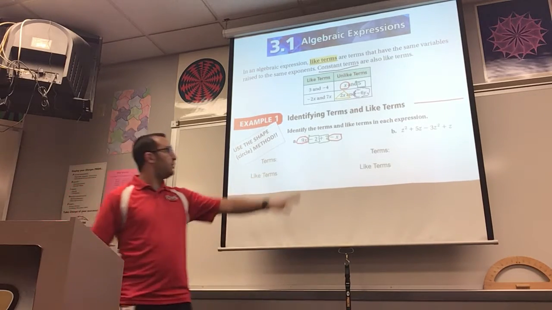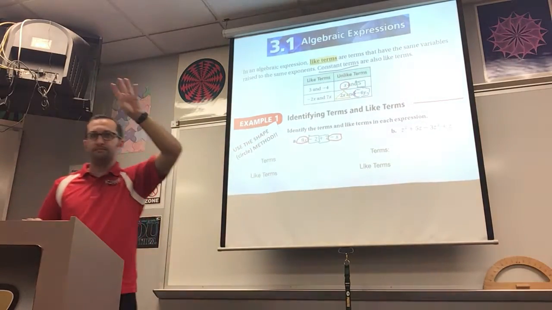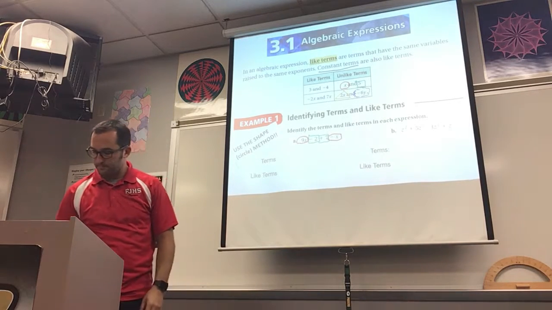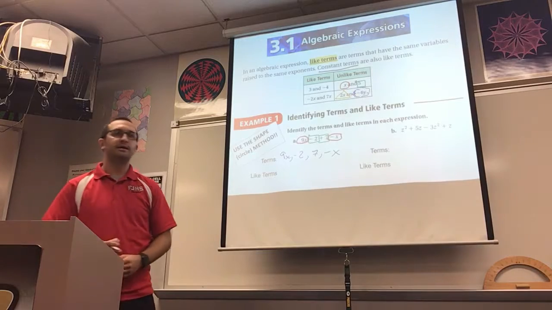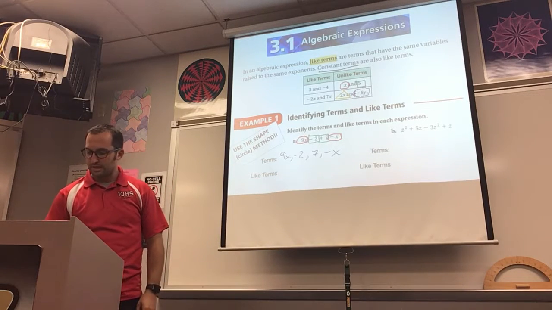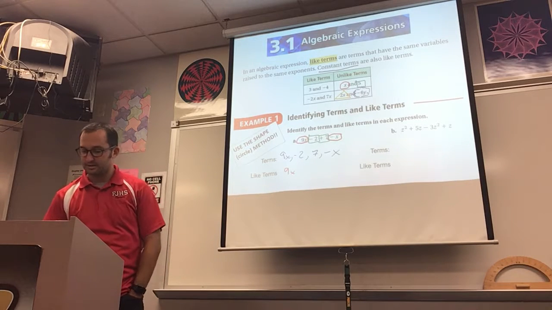Okay? So now we have identified how many terms are there? There's 4 terms. So let's list those terms: 9x, -2, +7, and -x. And now let's identify which ones are like terms. 9x and x. Exactly. 9x and -x are like terms.